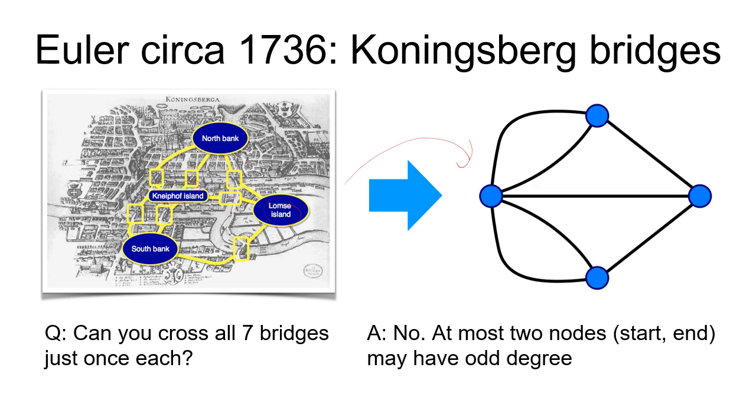There is no way to cross the 7 bridges only once. His answer is no, and at most 2 nodes, the start and end, may have odd degree, which is needed to cross each link only once. Okay.